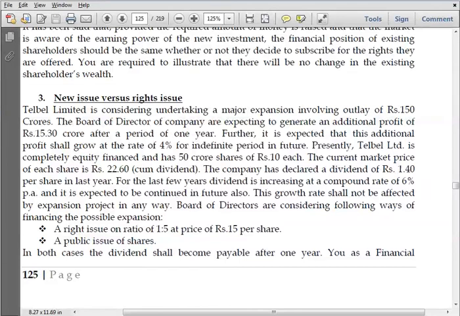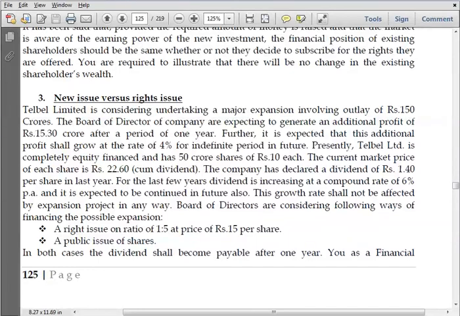Next point, present value of inflow equals cash flow of year 1 divided by KE minus G.